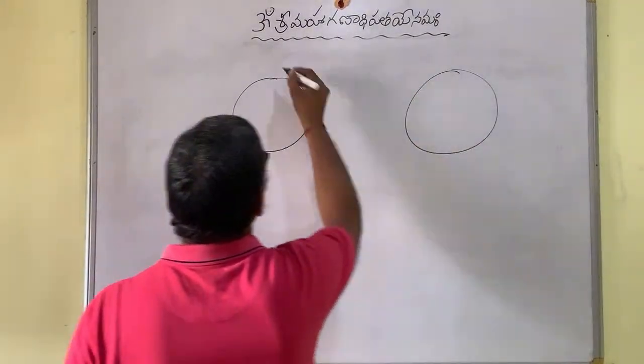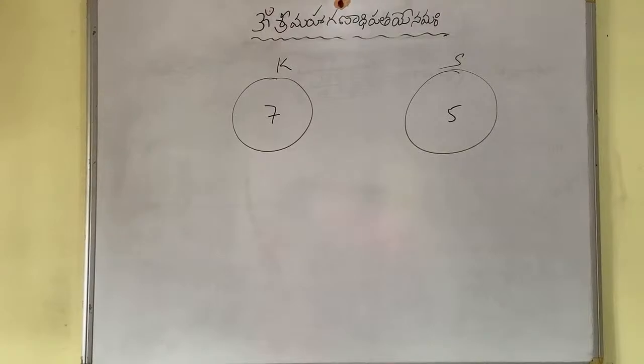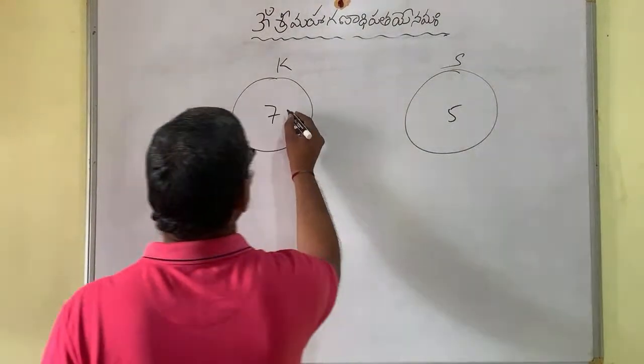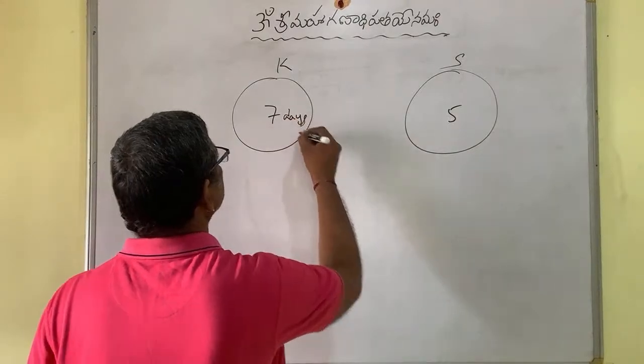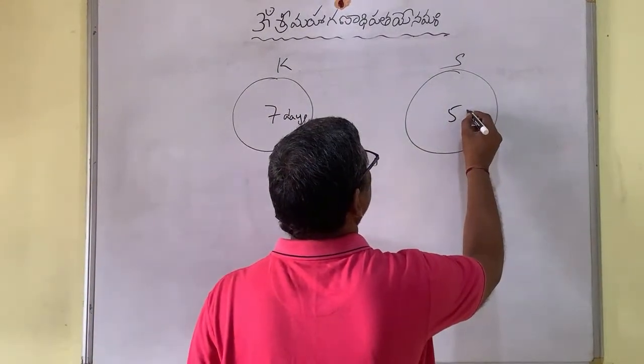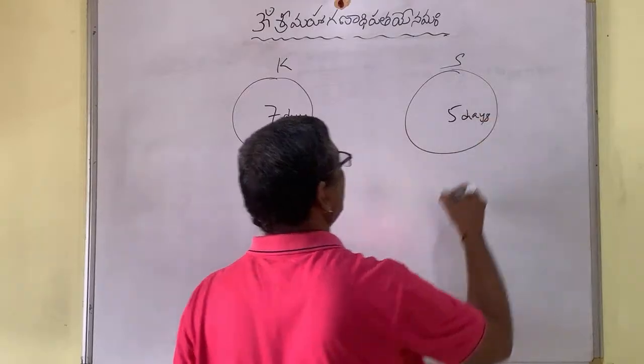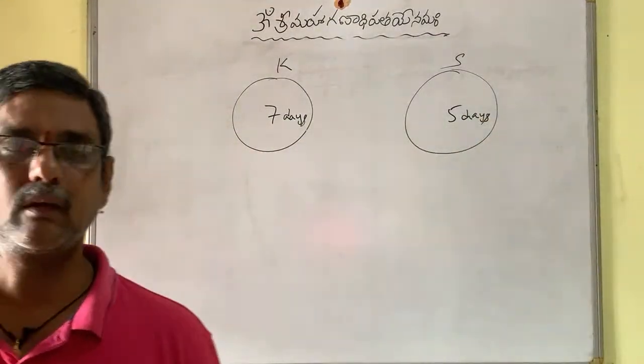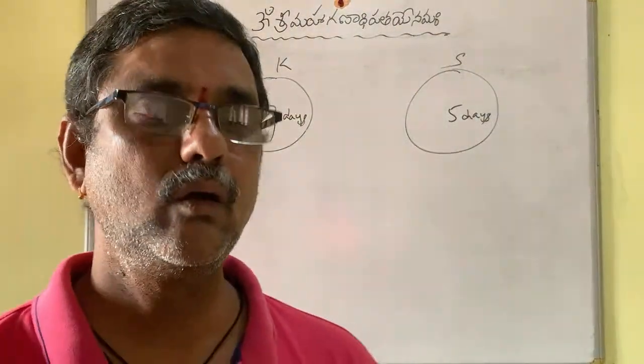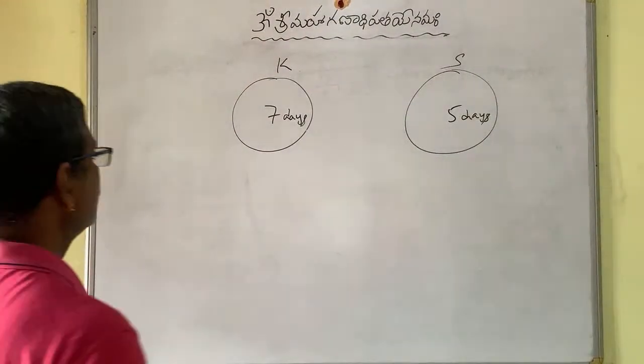Kavita kept the books for 7 days, Sushi for 5 days. Okay. Now, what is the policy of the library?